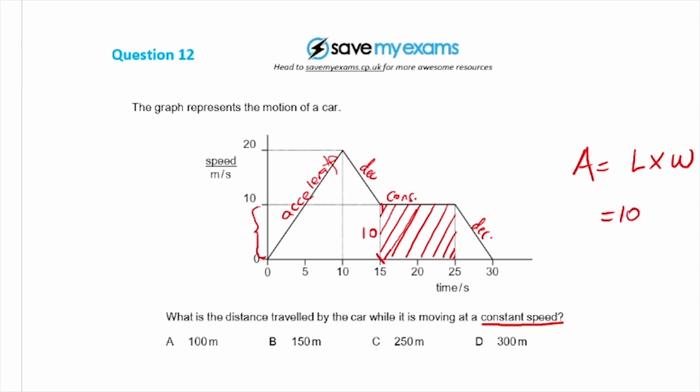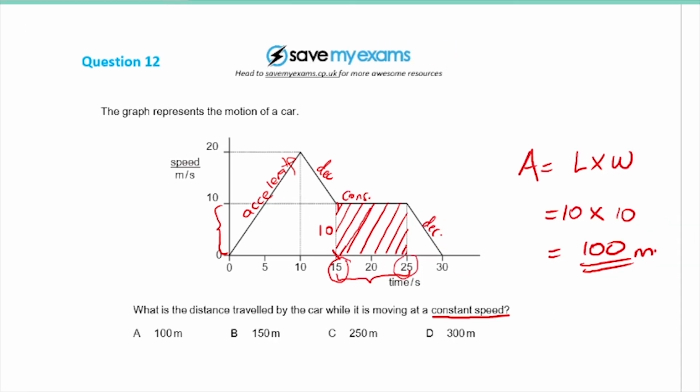So it's going to be 10, multiply that by the distance from there to there, which will be 25 minus 15. 25 minus 15 is 10. So you will end up with 100 meters. So that is A. So the distance traveled by the car while it's moving at constant speed is 100 meters, which is A.